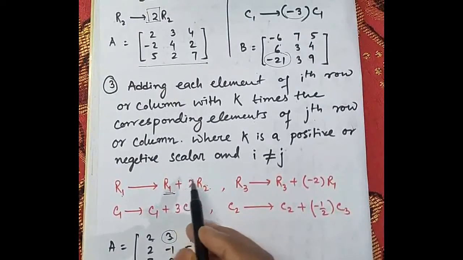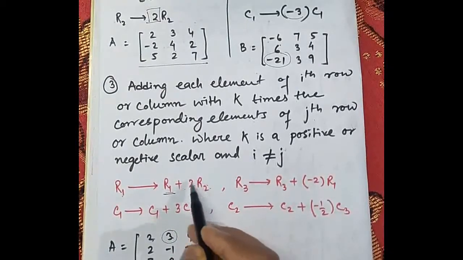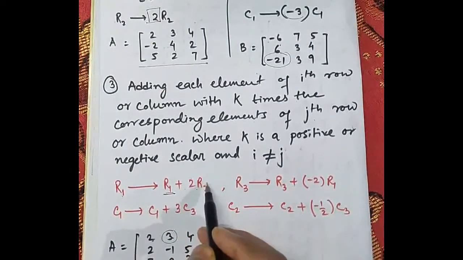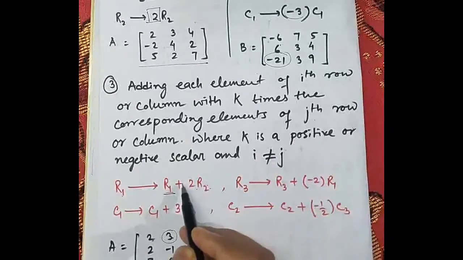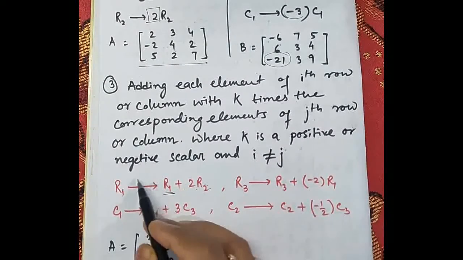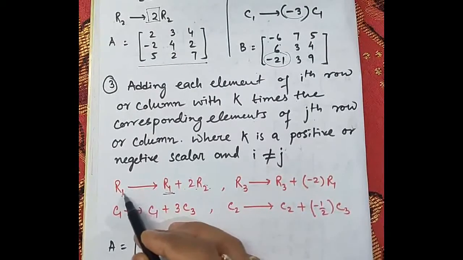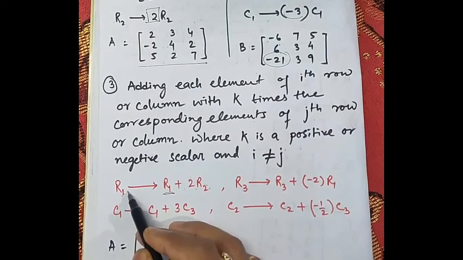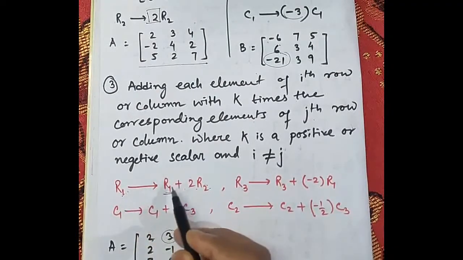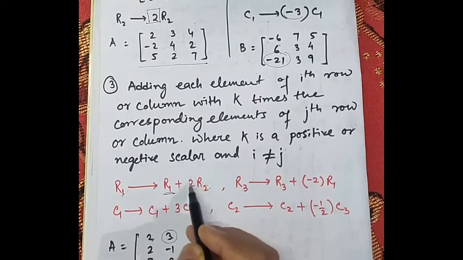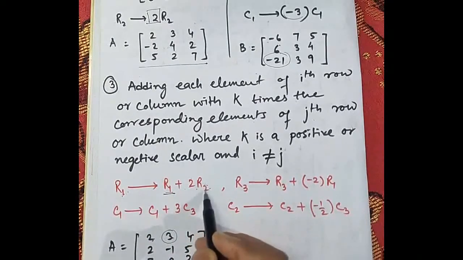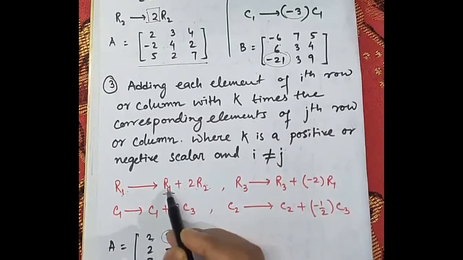Again I am repeating, multiply a scalar with another row and add it to the row which you want to change. So if you want to change R1, you have to multiply a scalar with another row, that means R2, and add this quantity to the elements of R1, the corresponding elements of R1.